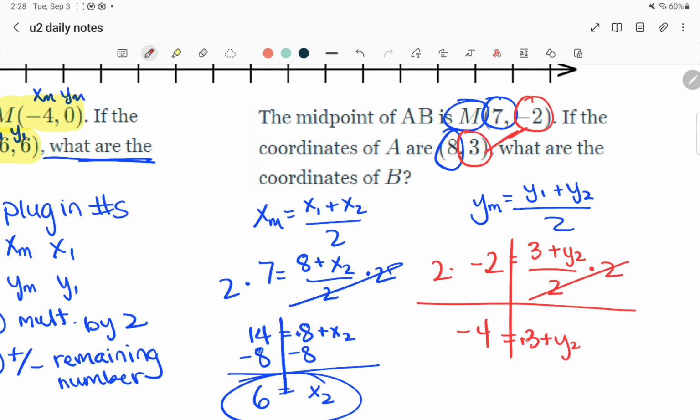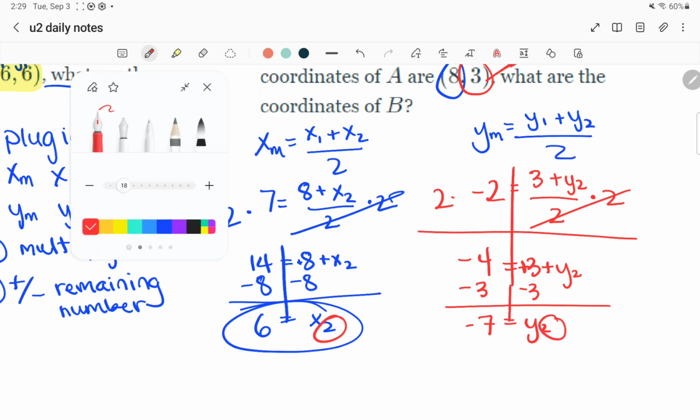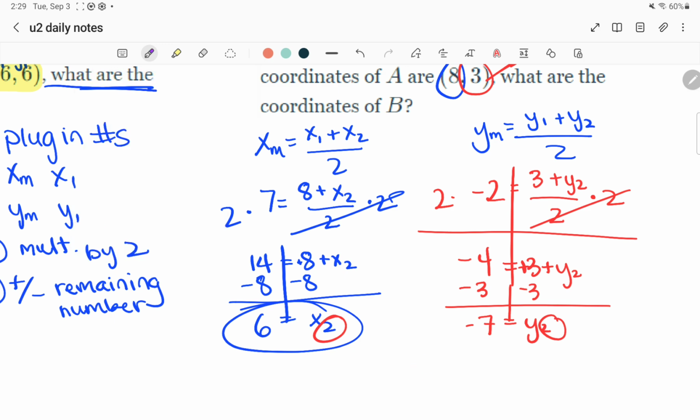My 3 is positive, so that means I'm going to subtract 3 from both sides. When we plug this into our calculator, we get -4 minus 3 is -7 equals y2. Remember the 2's here, they're just the name. We're not doing any math with them. That's just telling us that this is the second x value and the second y value.